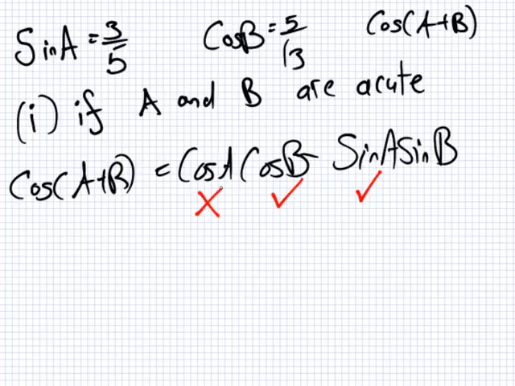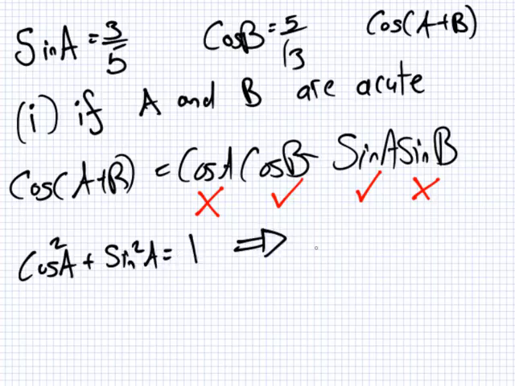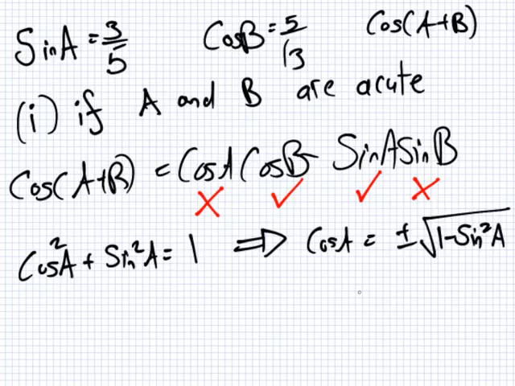Cos A you don't know, and sine B. But you could say cos A squared plus sine A squared equals 1. So that means that cos A is plus or minus the square root of 1 minus sine squared A, so that would be plus or minus 4 over 5.